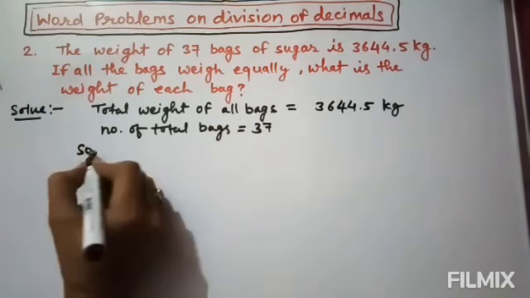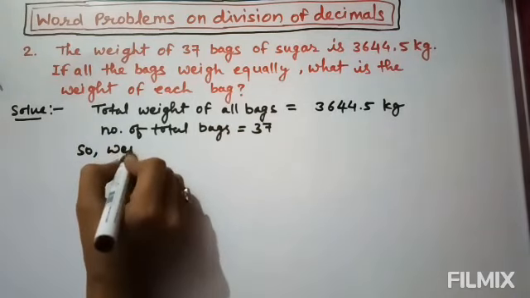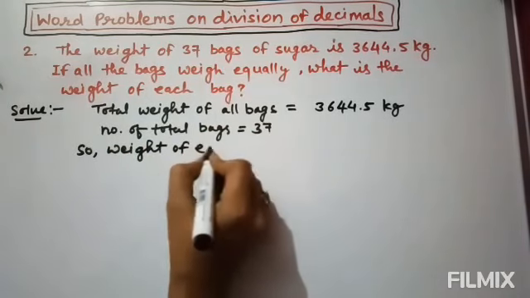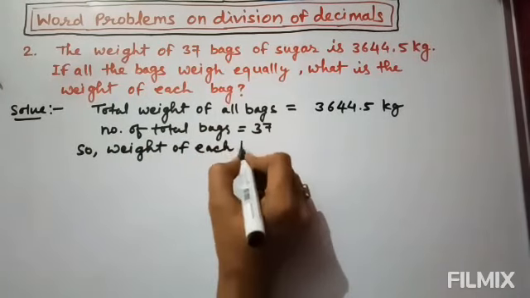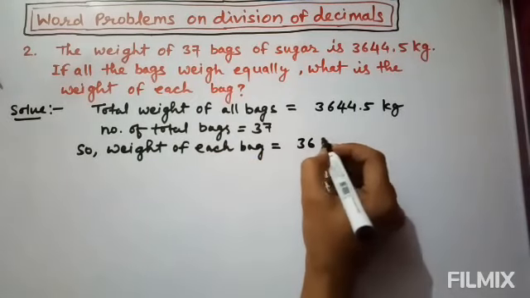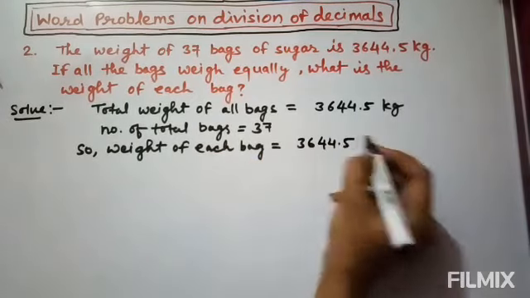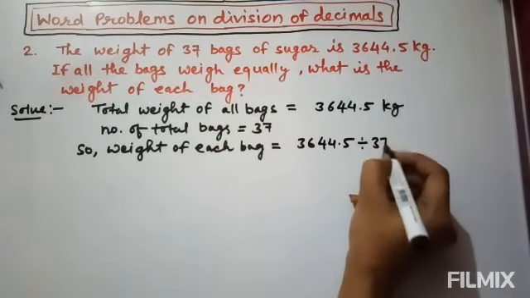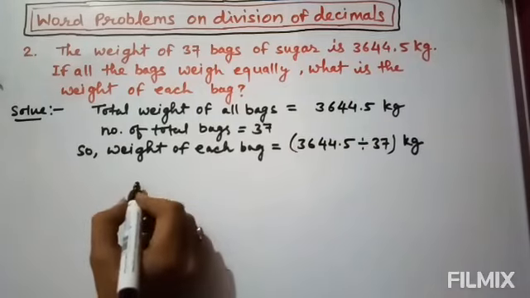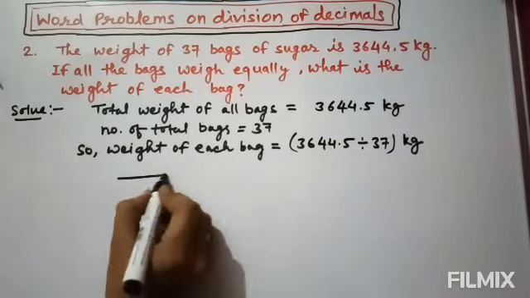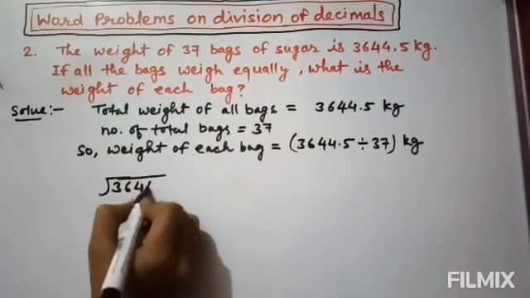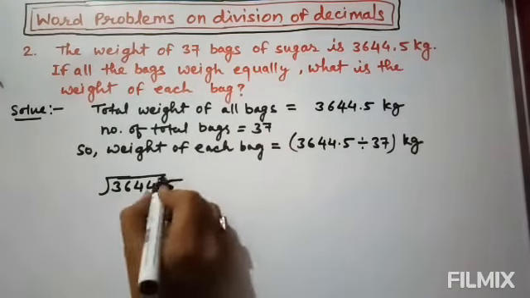So the weight of each bag will be 3644.5 divided by 37 kilogram. We need to divide this using the long division method.